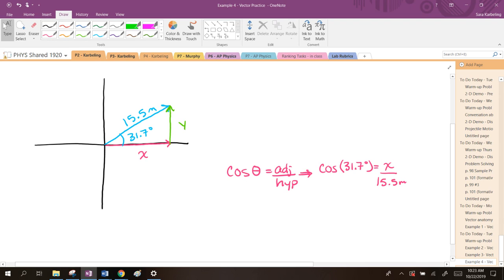I'm going to multiply by 15.5 on both sides. So I've got 15.5 meters times the cosine of 31.7 degrees. What do I get for a value there? Somebody get a number? 13 point something? 13.17 meters. And I'm going to go ahead and write east here so I don't forget.